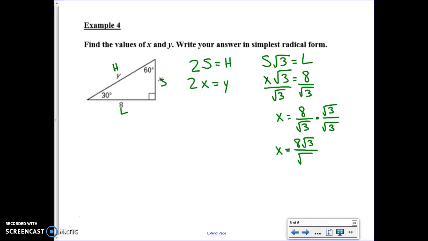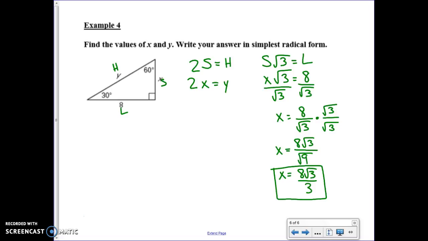So the square root of 9 is what's going to go in there. And then after we put the square root of 9 in there, we know the square root of 9 really is just plain old 3. So we have taken the square root out of the denominator. Okay, so that's our x value.